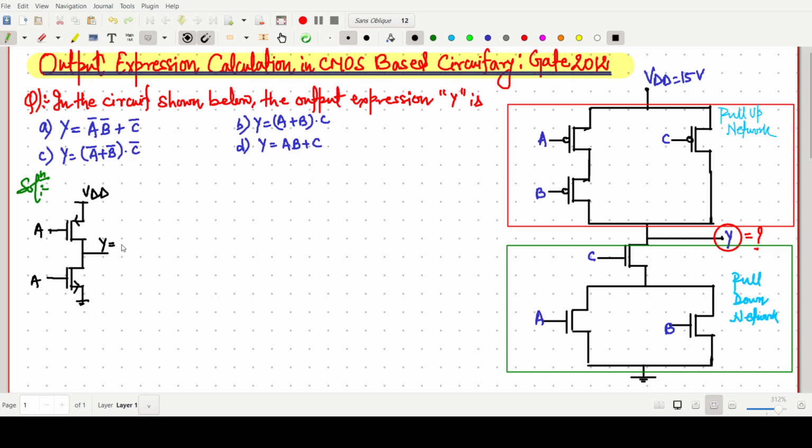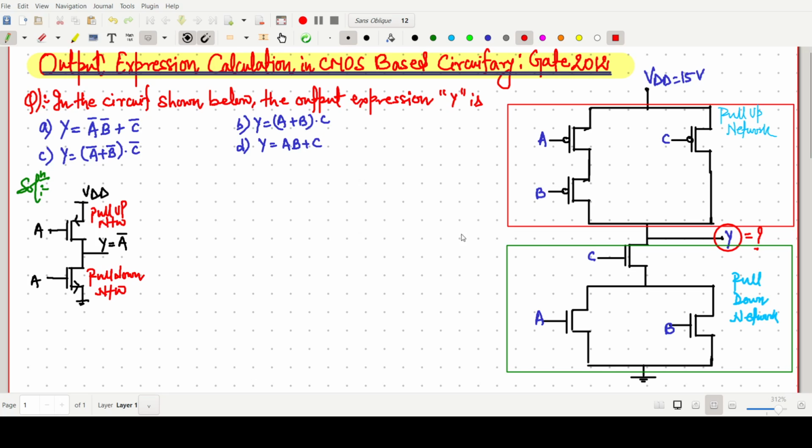If we connect like that, Y equals A bar. Here the output will be A bar. The below one is our pull down network, I am writing NTW, and the above one is our pull up network. The pull up network is connected to supply, and the pull down network output is connected to ground.